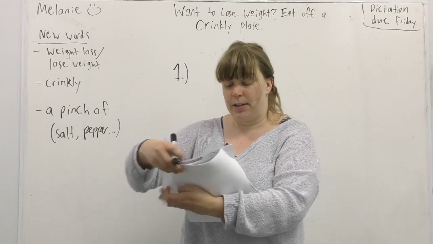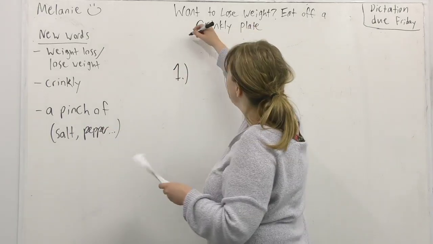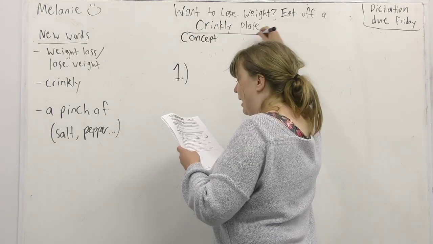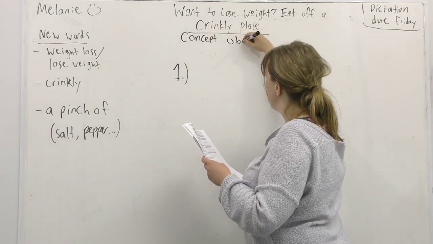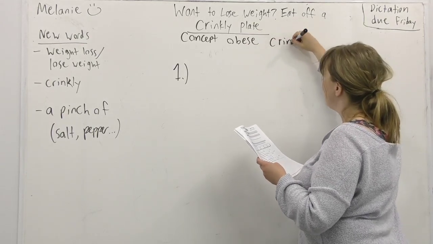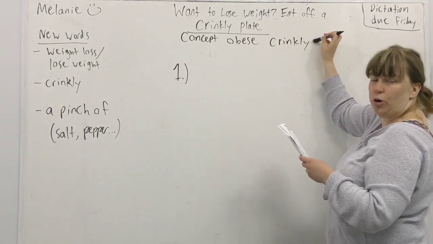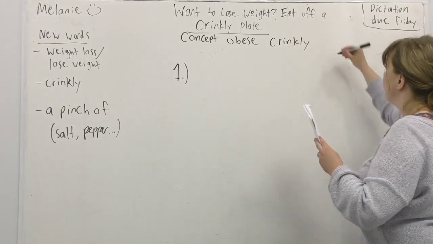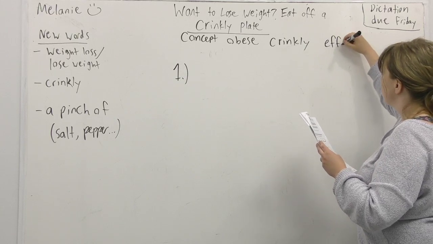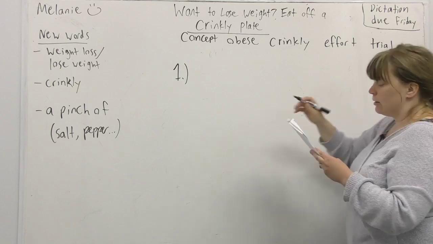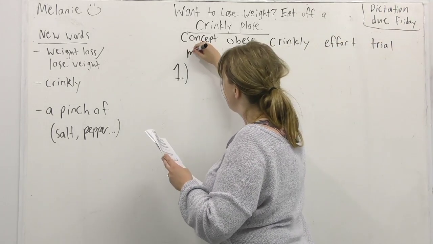Okay, let's see. So, which words popped up? We got concept. We have obese. We also did this word yesterday, so you might remember. We have crinkly. Oh, hey, crinkly showed up in paragraph 1. Maybe that's what it is. We got effort. We have trial. We have manipulate.